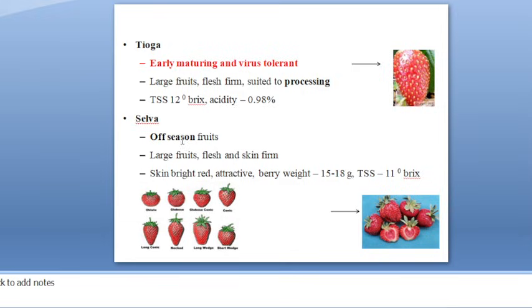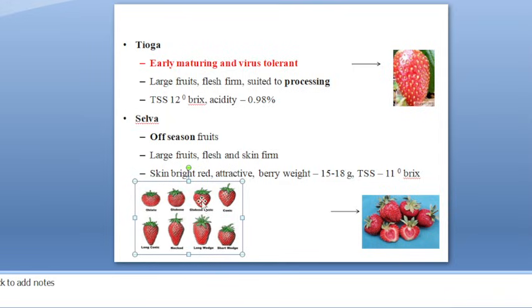Next variety is Selva. It is a half-season variety, so we can cultivate this throughout the year. It is also suitable for processing, and we can see a berry weight of 15 to 18 grams and 11 degree Brix TSS. When we consider the strawberry cultivars here, you can see in this photo different shapes, like globose.